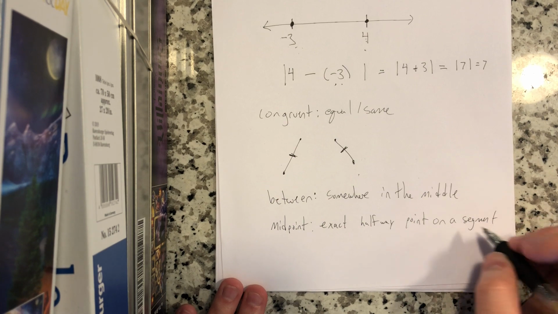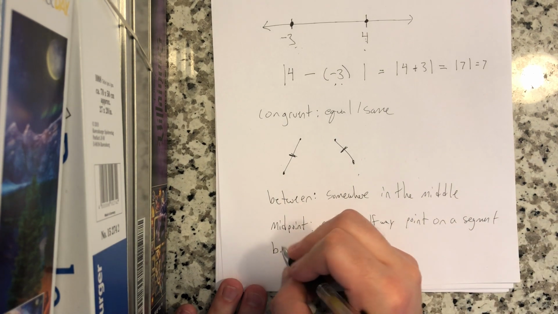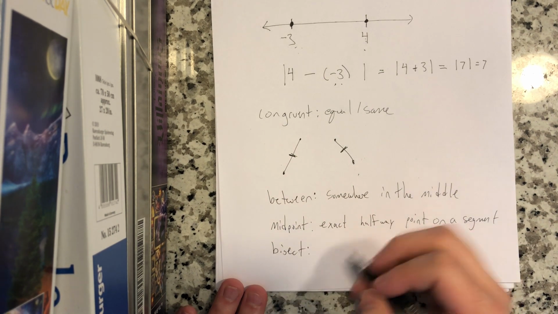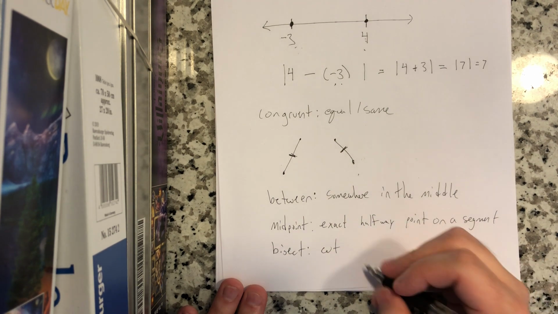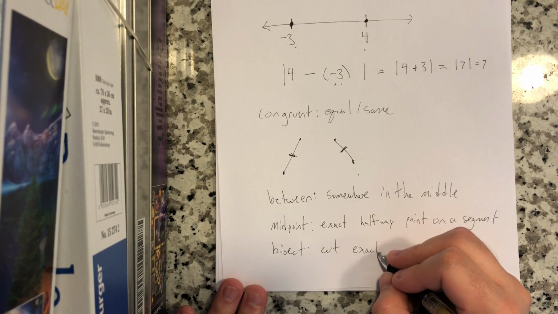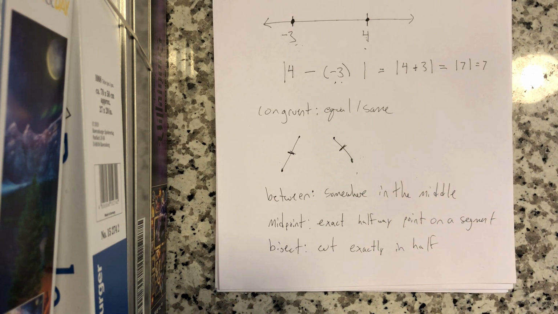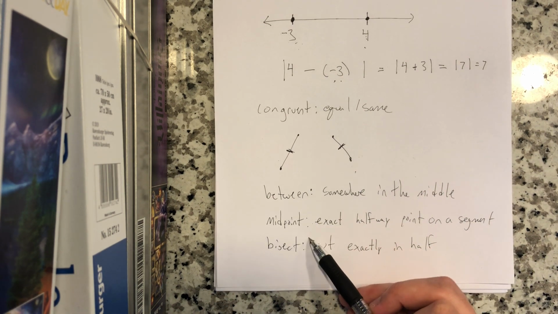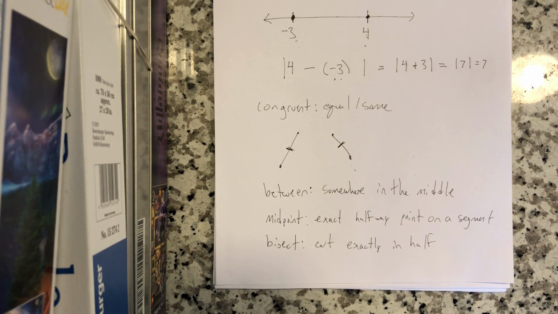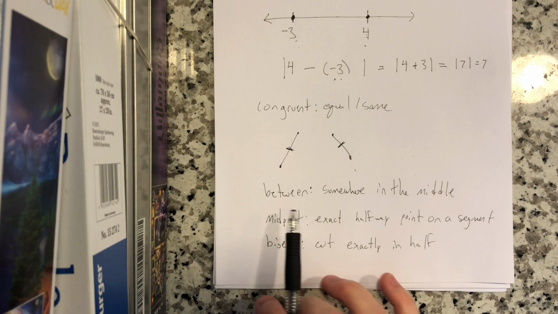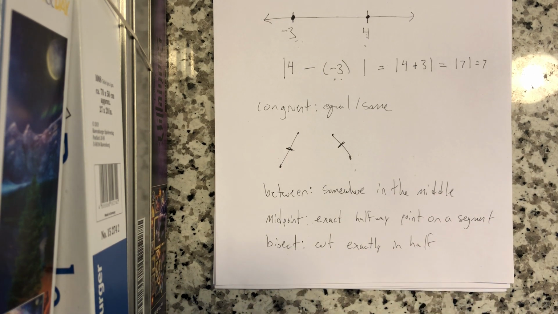And also the bisect, to bisect something, bisect means to cut exactly in half. So when you think of midpoint, you should be thinking of bisect. When you think of bisect, you should be thinking of midpoint when you're talking about segments. Between just means it could be somewhere in between or in the middle of 2 points. It's more general than that.